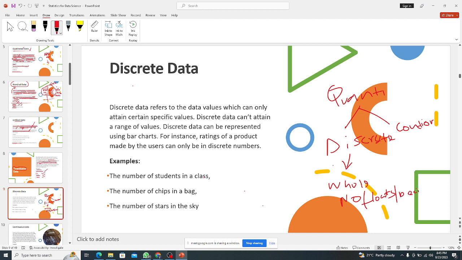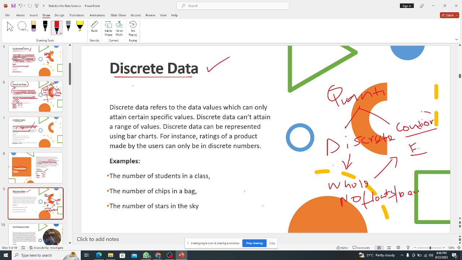Sometimes we can say it is finite, like you can count. Then under continuous, we said this of course has floats or decimals attached to them. It can take fractions, it can take decimals.